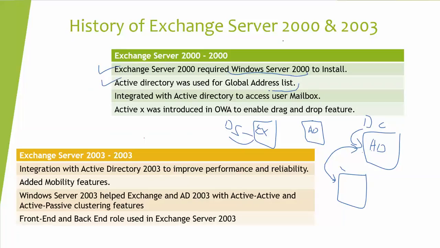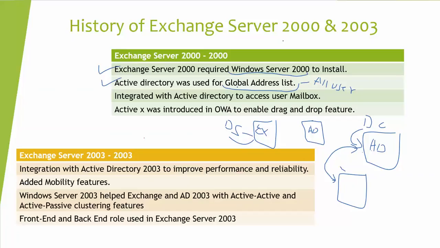What does the global address list mean? All your user accounts or emails are in the global address list. That's why we use it, because the global address list contains all your users' information.